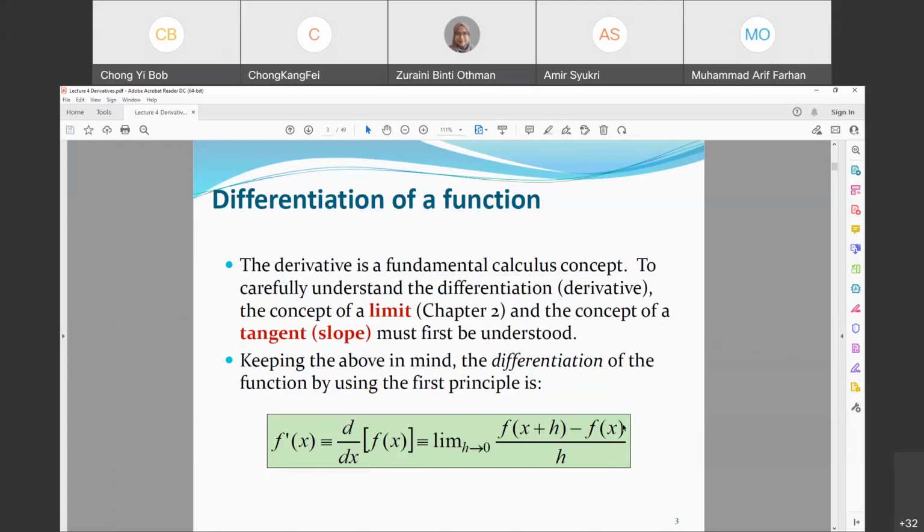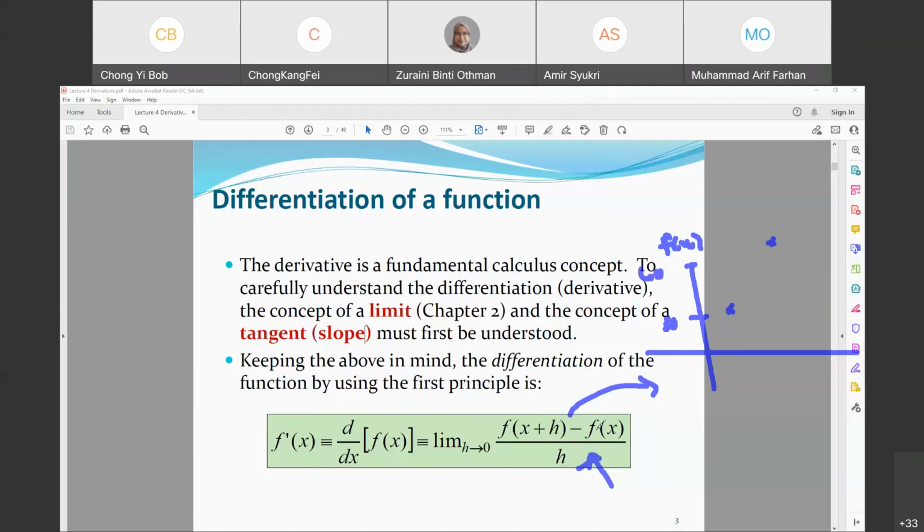This is the first principle. Actually the first principle ni, it came out from the equation of slope. Kenapa saya kata ini daripada equation of slope? Contoh kita ada graph. Ini ialah f(x) kita. Tadi kan daripada sini ke sini, yang ni ialah 30 kilometer, yang ni ialah 60 tadi.